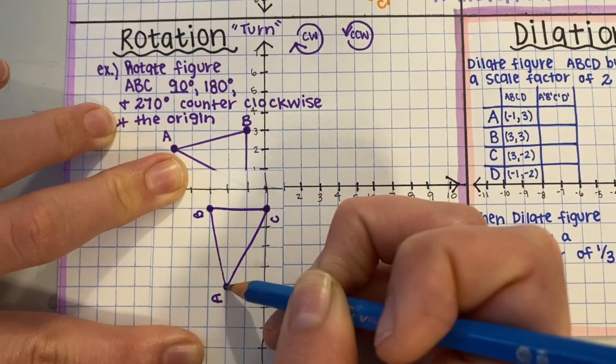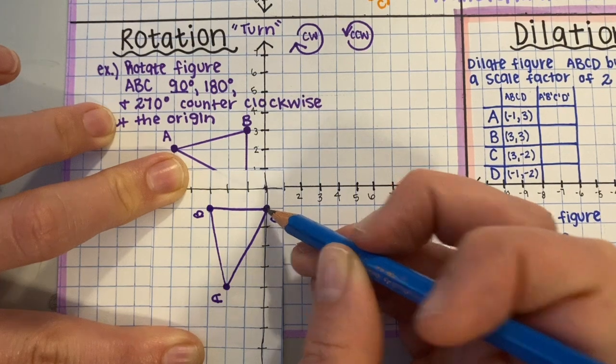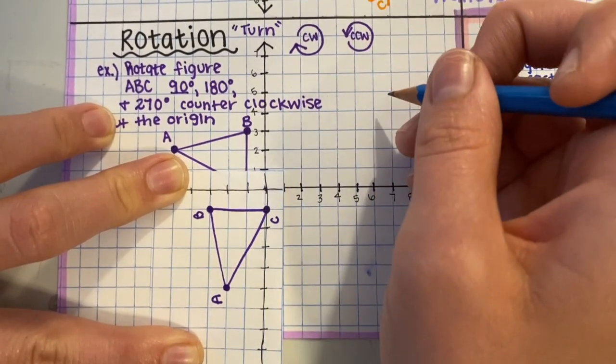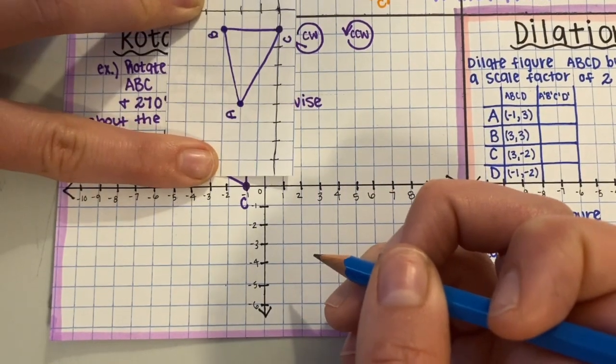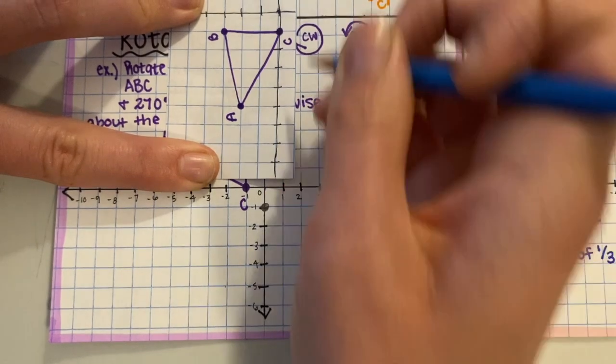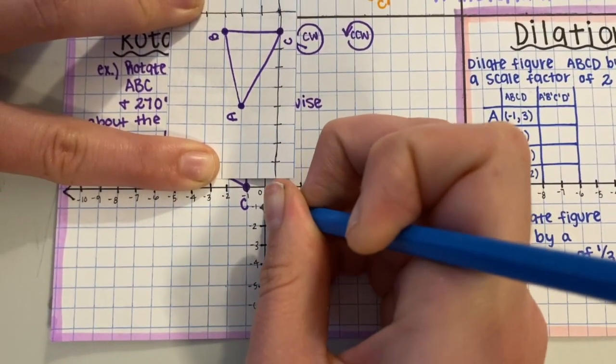So I'm going to place these new coordinate locations for this turn. I can write it over here. I can also just keep the orientation like that and just sketch it real quick. So I know C is at 0, -1. So we're going to put C prime.